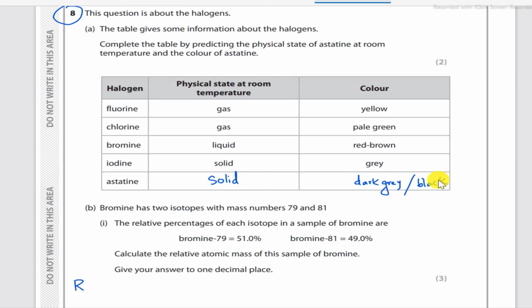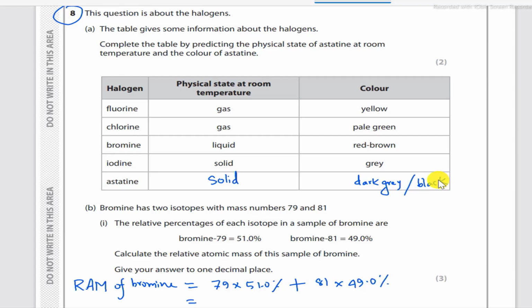So the relative atomic mass of bromine equals mass 79 times 51%, plus mass 81 times 49%.